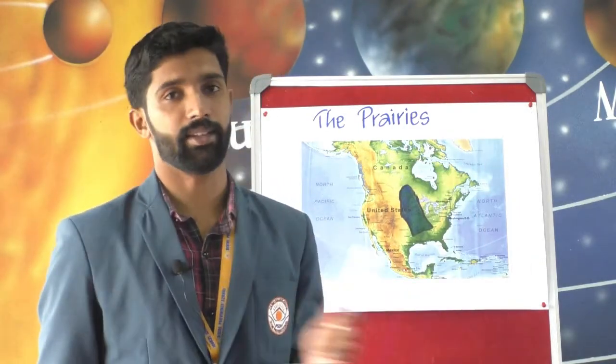The Canadian prairies include the provinces of Alberta, Saskatchewan, Manitoba and Western Ontario.